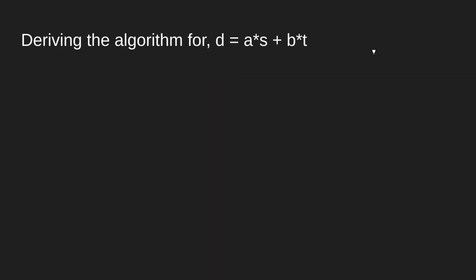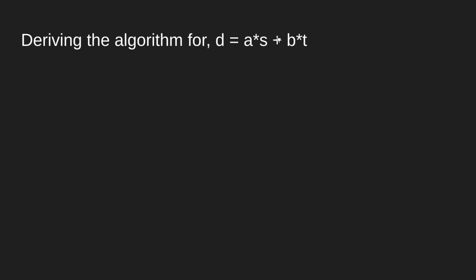Now what we are going to do is what I call symbolic reasoning. The idea is that if we know that D is the GCD of A and B, we can write D in this form: D is equal to A times S plus B times T, where S and T are the coefficients. These coefficients are called Bézout coefficients to honor the mathematician.